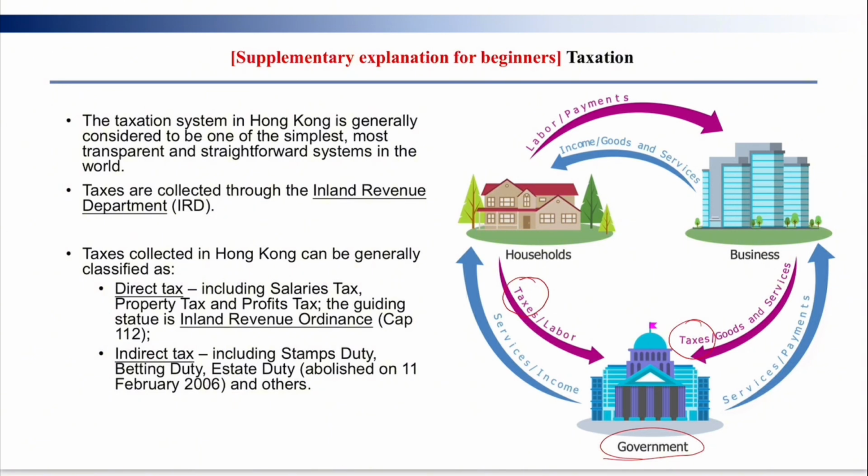And the households and business can give taxes to the government. So this is where our government's money comes from. The taxation system in Hong Kong is generally considered to be the most straightforward system in the world, and it can be generally classified as direct tax and indirect tax.